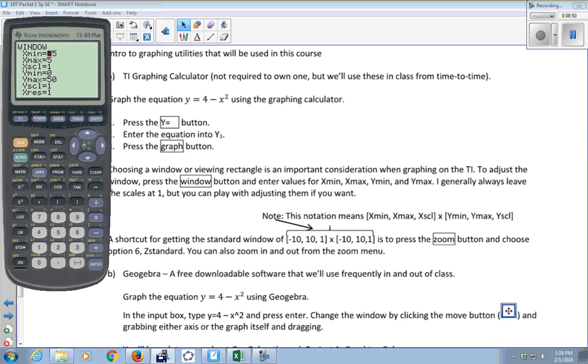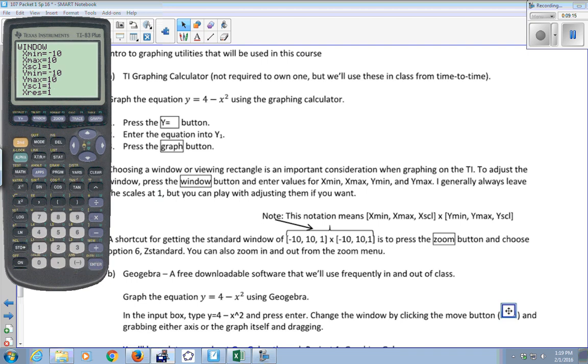So a standard viewing window that you might typically start with would be -10 to 10 for x, -10 to 10 for y. So for xmin, xmax, you type -10, 10. Skip xscale, we typically leave that at 1. And then ymin, ymax, -10, enter, 10, enter, leave the scale at 1 again.